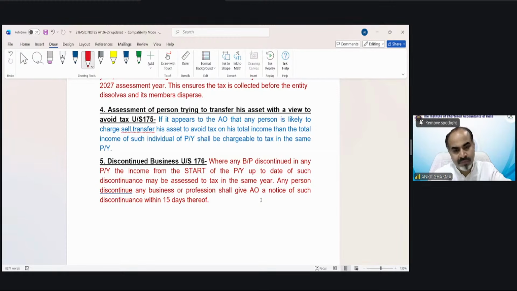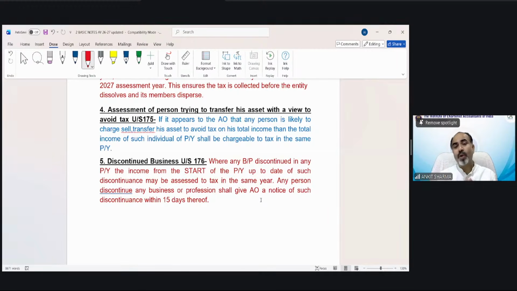Point number 5 is discontinued business. Of course, suppose you are running a partnership firm or you are a company and you dissolve your company, liquidate or wind up your company, or dissolve or liquidate your partnership firm in the previous year. Suppose in December you wind up. Till December, the profit of that company or partnership firm is suppose 50 lakh rupees, and now the company or partnership firm says we will pay the tax in the assessment year.